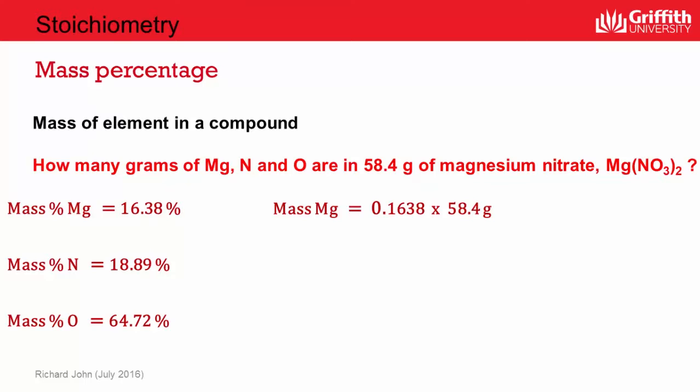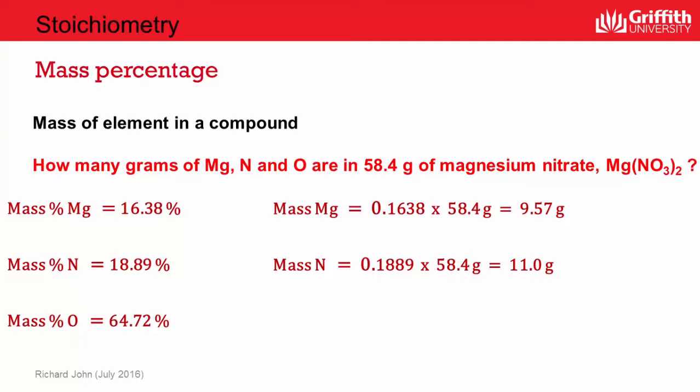So the mass is 0.1638 times 58.4 grams, and that's going to equal 9.57 grams. Similarly, for the mass of nitrogen, it's going to equal 0.1889 times the 58.4 gram total sample, and that's going to equal 11.0 grams.